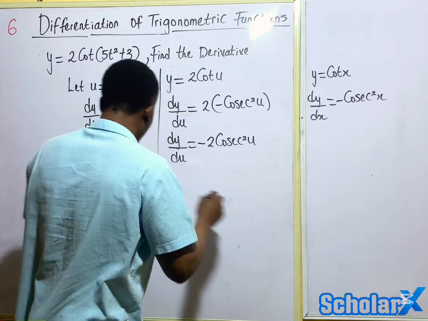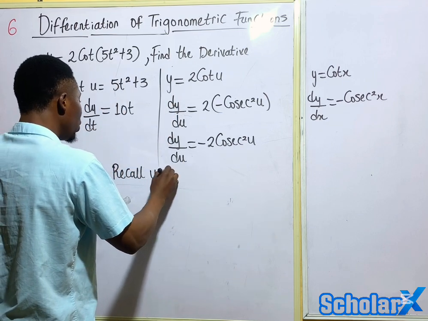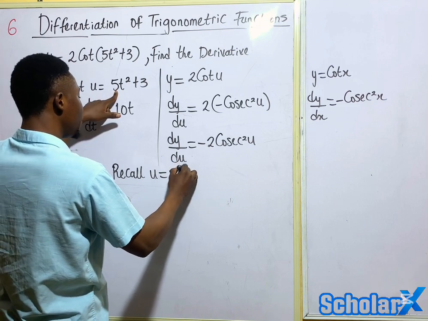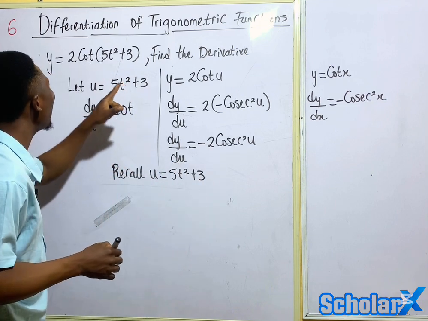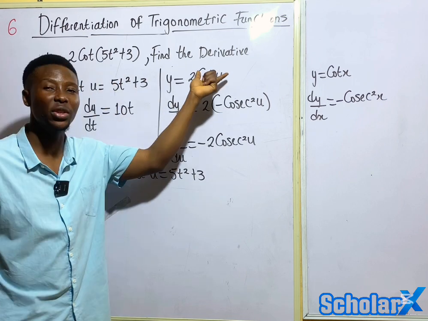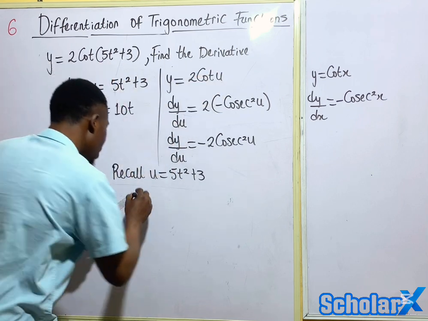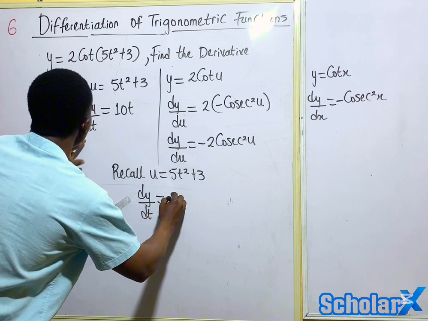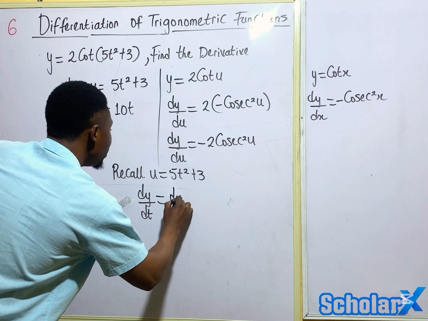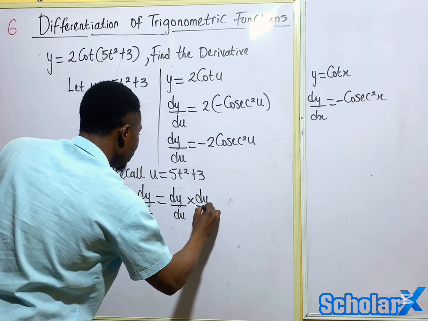All right. Now, we're going to recall that our u is equal to 5t² + 3. And then finally, to get our dy/dt, because to find our derivative, we're differentiating y with respect to t, our dy/dt is going to be equal to dy/du multiplied by du/dt.